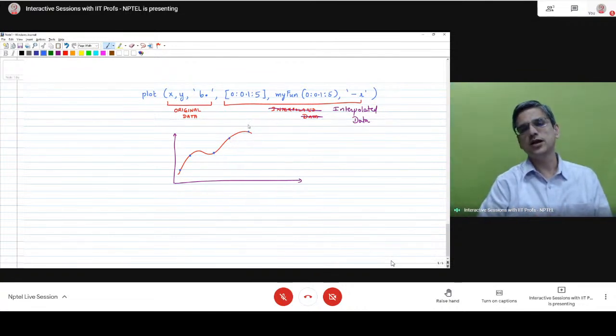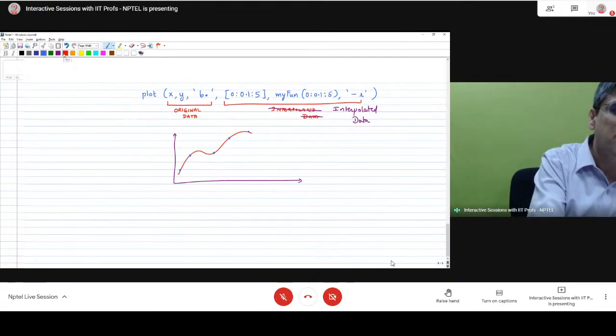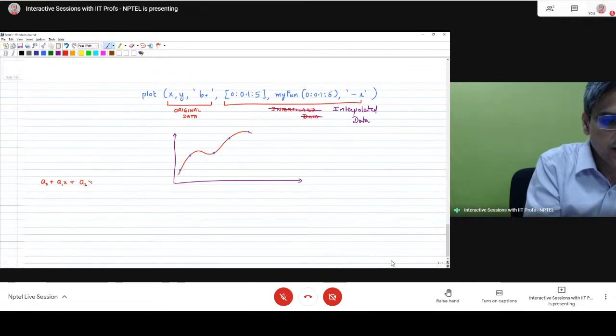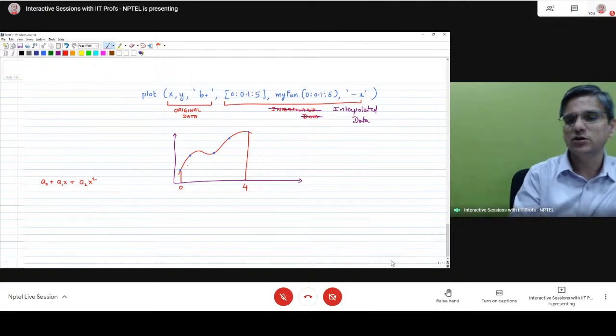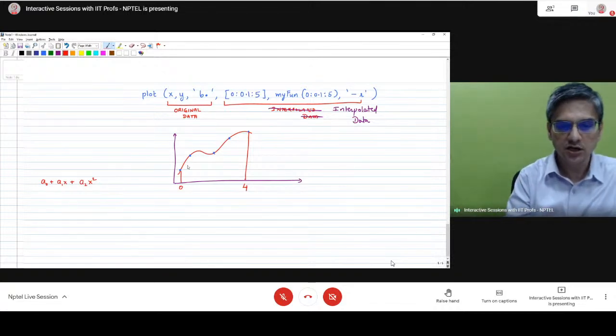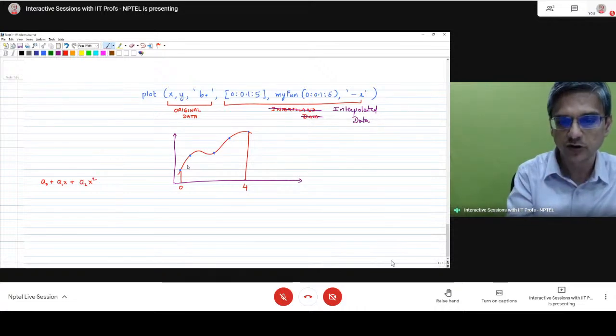Okay, this is the plot that this does. Now the question was, what if we wanted to plot it for a 3 variable problem. Let's say the problem is a0 plus a1x plus a2x squared, and the x values were 0, 1, 2, 3, 4. I wanted to plot not the interpolated values in this particular case, but the curve values from 0 to 4.